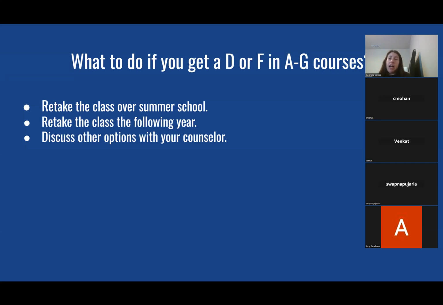You can retake the class the following year, potentially, if it works with your schedule and all of the other credits that you need, we can look into that. And then worst case, we just need to discuss options to see if those things do not work.